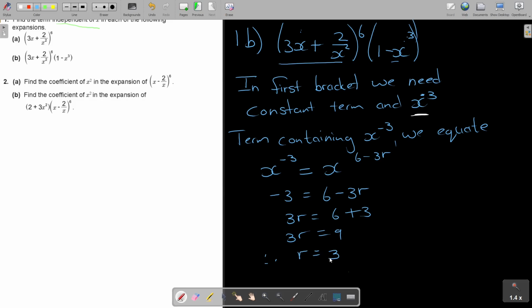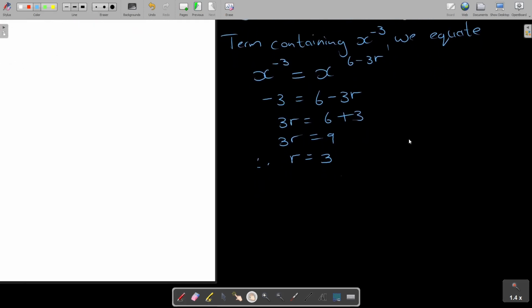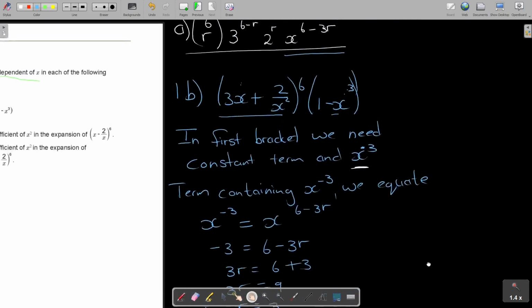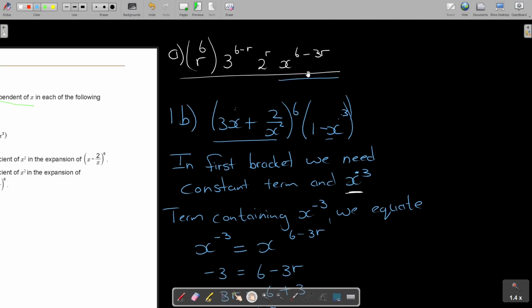So the term containing x to the power negative 3 is going to be 6 choose 3, and now I just substitute in that: 3 to the power 6 minus 3, 2 to the power 3, x to the power 6 minus 3 times 3. I'm just substituting it in there.